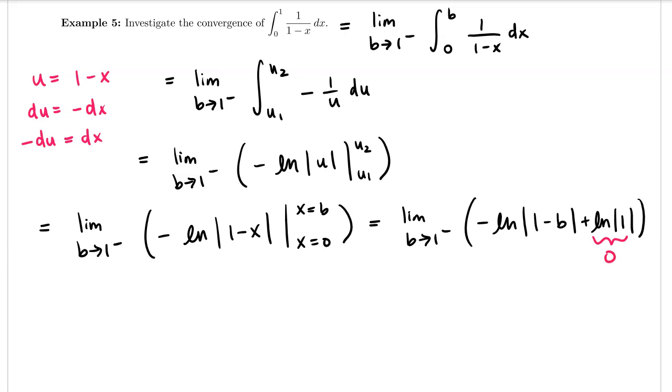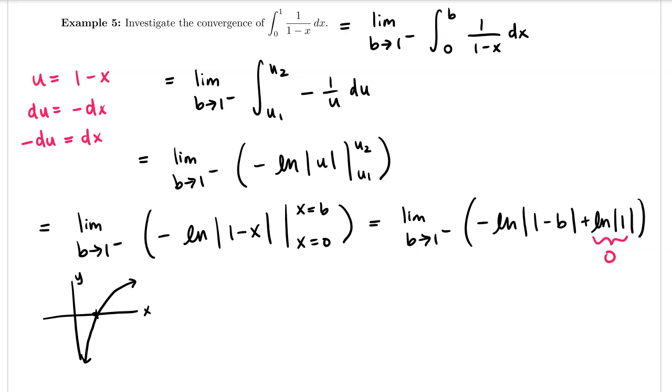So now I'm just plugging in values for b that are approaching 1 from the left-hand side. For example, I could plug in 0.9, 0.99, 0.9999, and that means that the inside of our natural logarithm is approaching 0. And from earlier, if you don't remember, here's 1 comma 0. Our graph looks something like that for y equals the natural log of x.